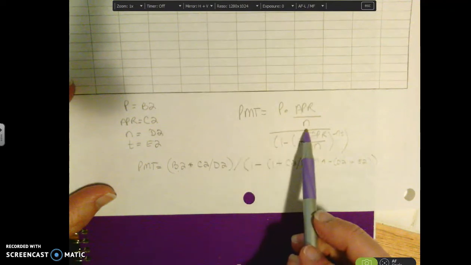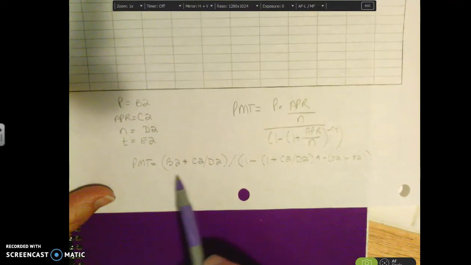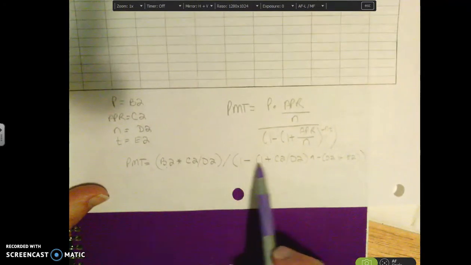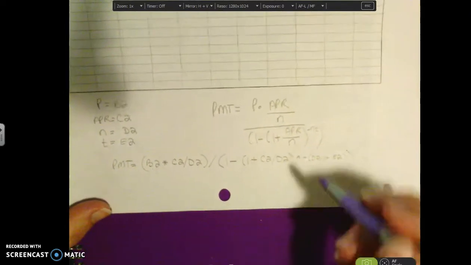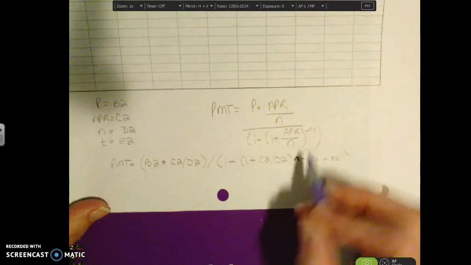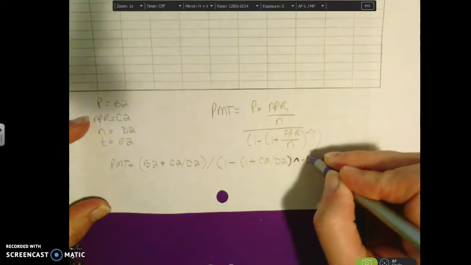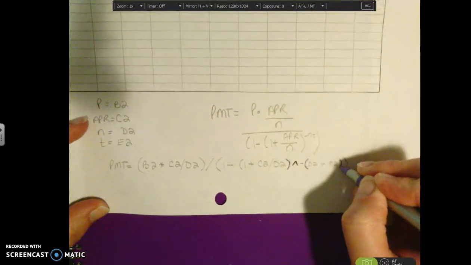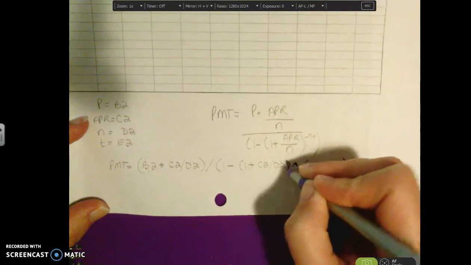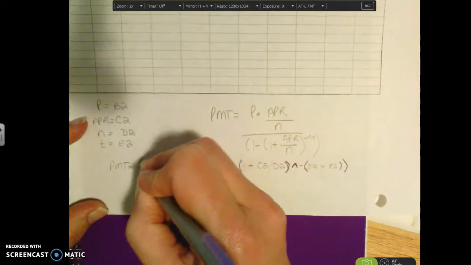D2 is my end value. Now my parentheses are critical here because if I don't put the parentheses correct, then my order of operations won't be followed correctly. To do a power, we use a symbol called a caret symbol. And again, I've got my parentheses in here for each of my cells. So I've got to make sure that I've got those parentheses in there in order for this to work.